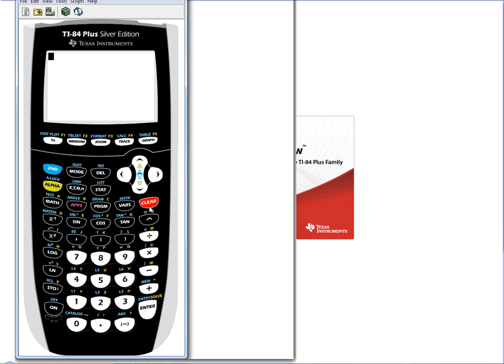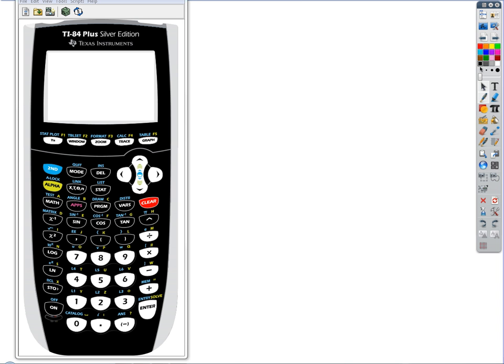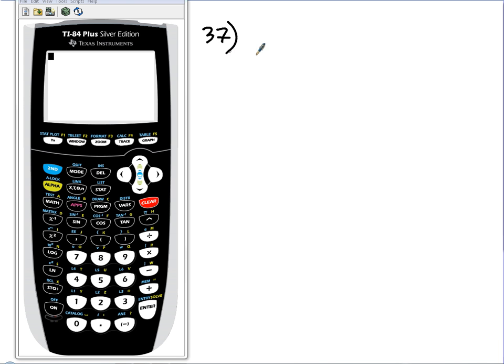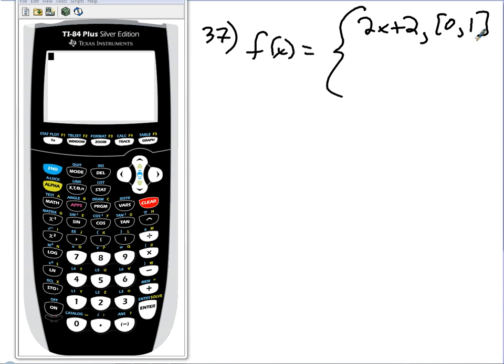We want to find, on our graphing calculators, the absolute extreme of this function. Something like that, right? These are our domains.